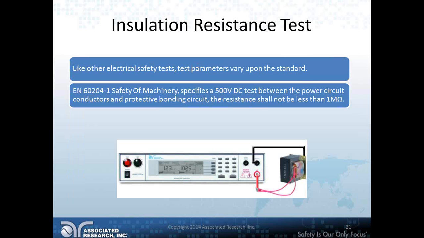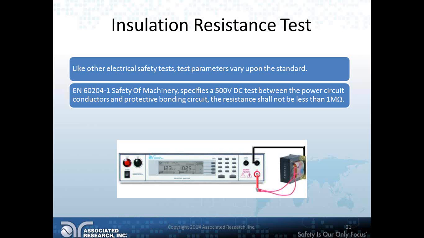Here's a picture at the bottom of a transformer being tested for insulation resistance, and the test instrument shown in this picture is the Hipot Ultra series of testers, which is basically an AC/DC Hipot tester, insulation resistance, and continuity tester.